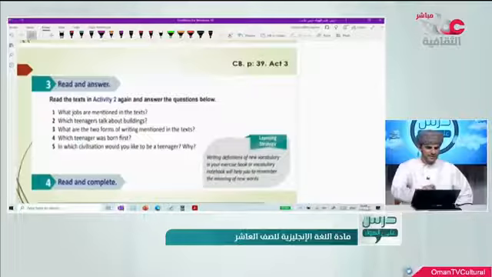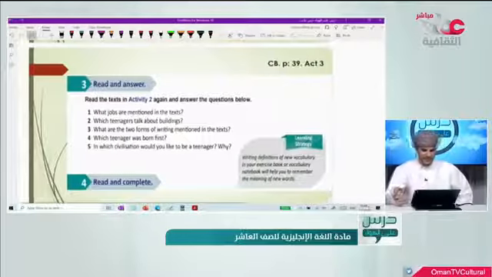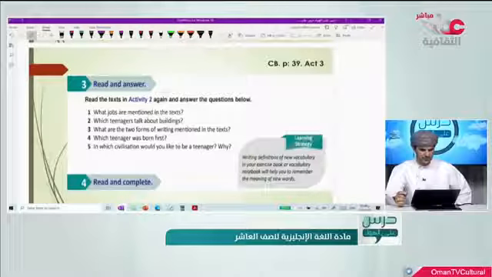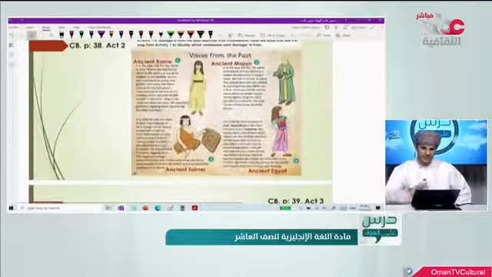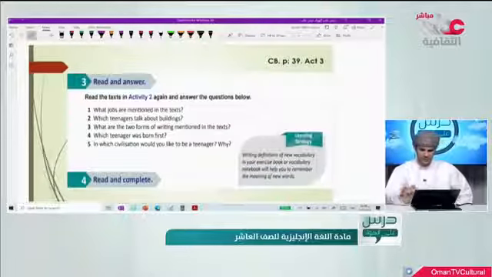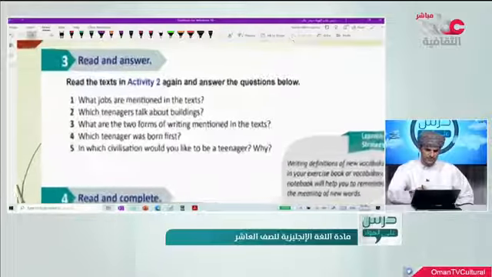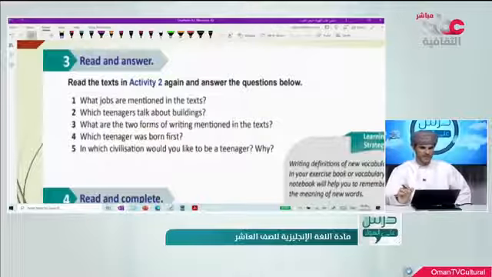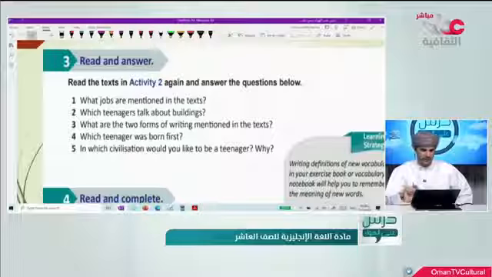Read the text in activity number 2 again and answer the questions below. Okay, we have to go back and read the text again and answer these questions. Question 1. What jobs are mentioned in the text? They mentioned at least 2 jobs. What are they? Question 2.